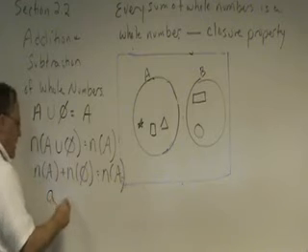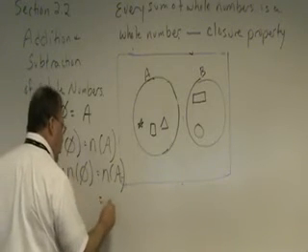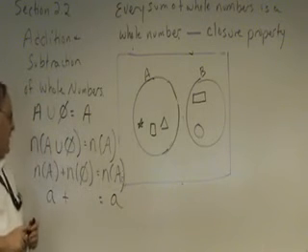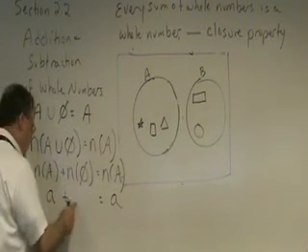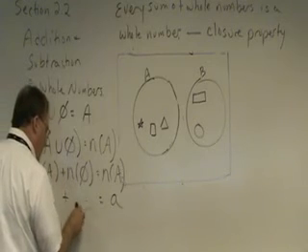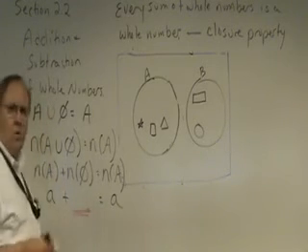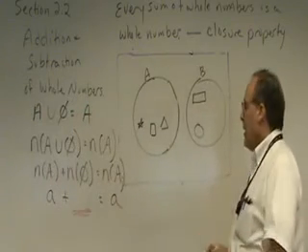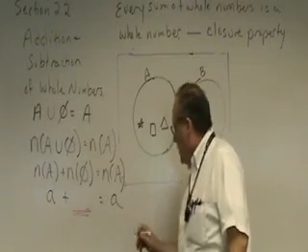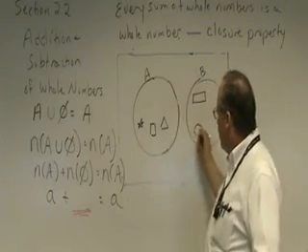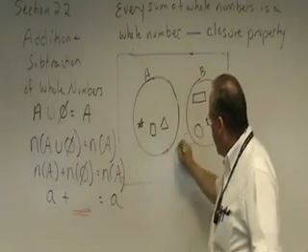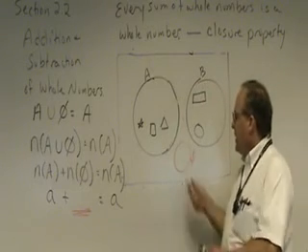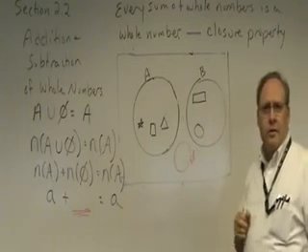Well, here's A plus something is equal to A. Now, obviously, this number right here cannot be one of the counting numbers, okay? Because the empty set, here's the empty set right there, and you can see it has no elements.